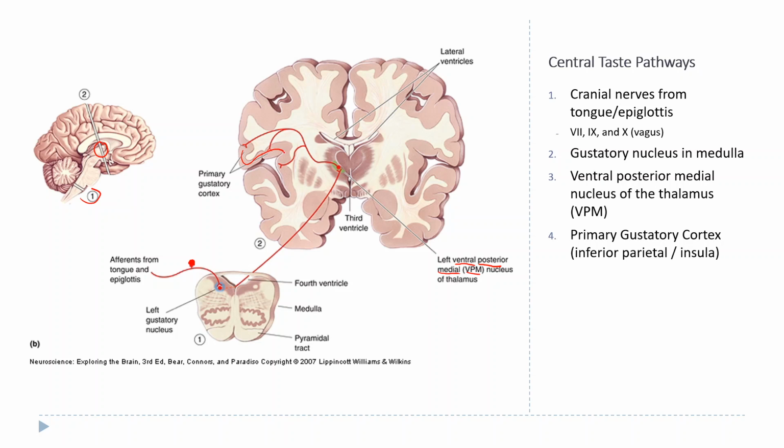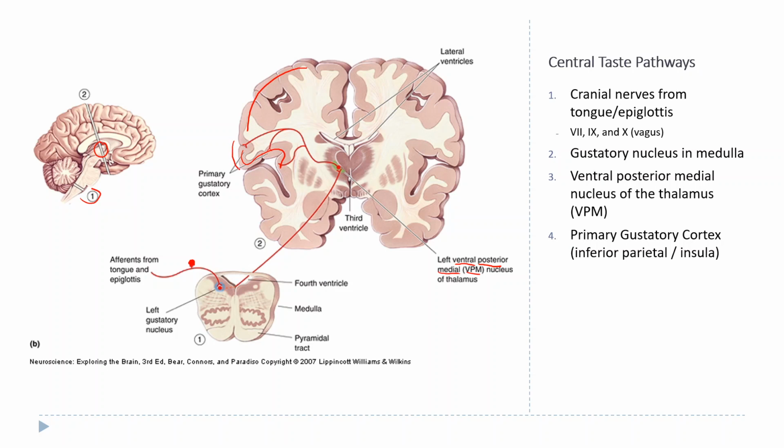This is the part of the cortex that, by definition, gets its input from the VPM and therefore processes gustatory information. In fact, every sensory system, as we will learn, has its own primary cortical area. The primary gustatory cortex happens to be in the inferior parietal lobe. So this region here is the parietal lobe.